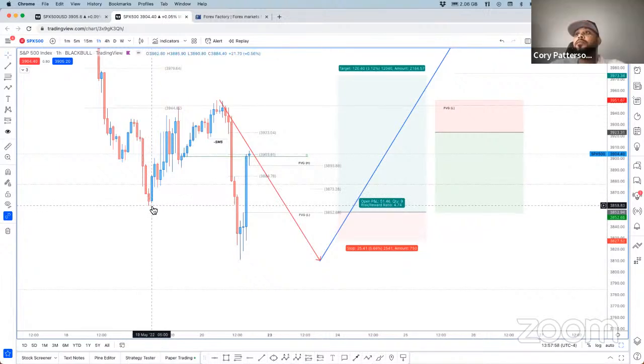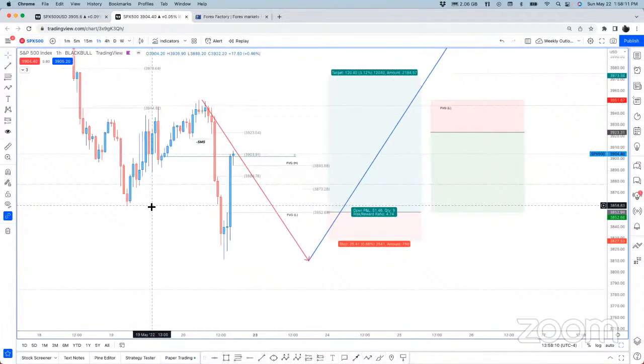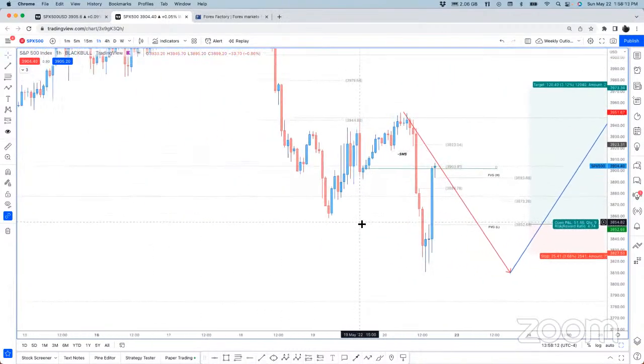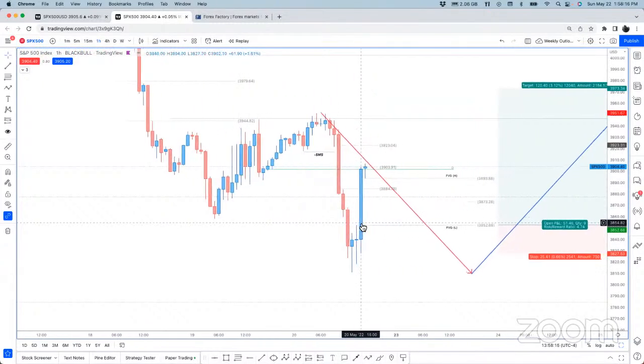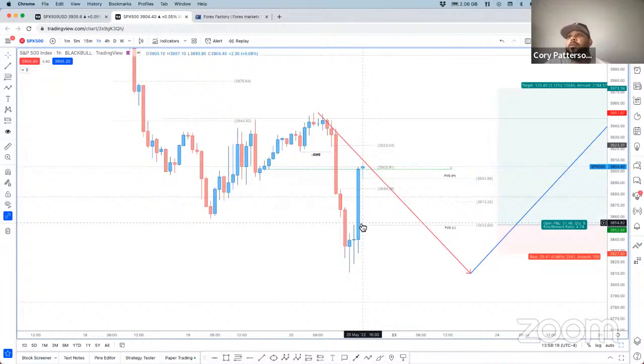Why wouldn't it? Filling the fair value gap, mitigating the order block, taking out liquidity, and then dropping and possibly going lower. If not, maybe making a double bottom and then going higher, or just going lower because of the shift in structure.